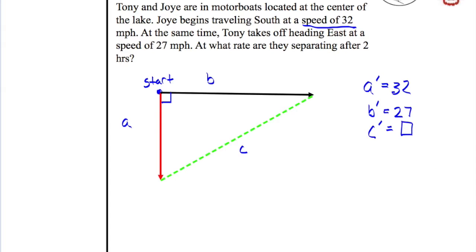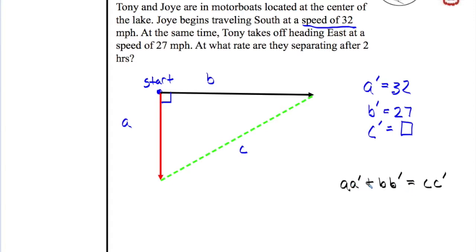Alright, so we know our equation, and I'm going to put it off to the far right because there's going to be a few steps that we need in order to find this. So it's going to be A prime plus B prime. Oh, what? No, that's not it. Equals C prime. Okay, what do we have?